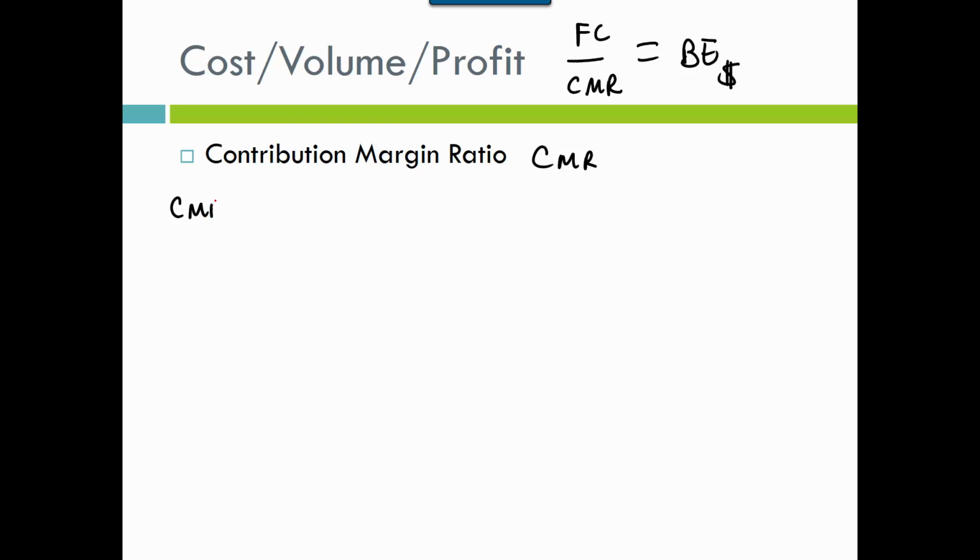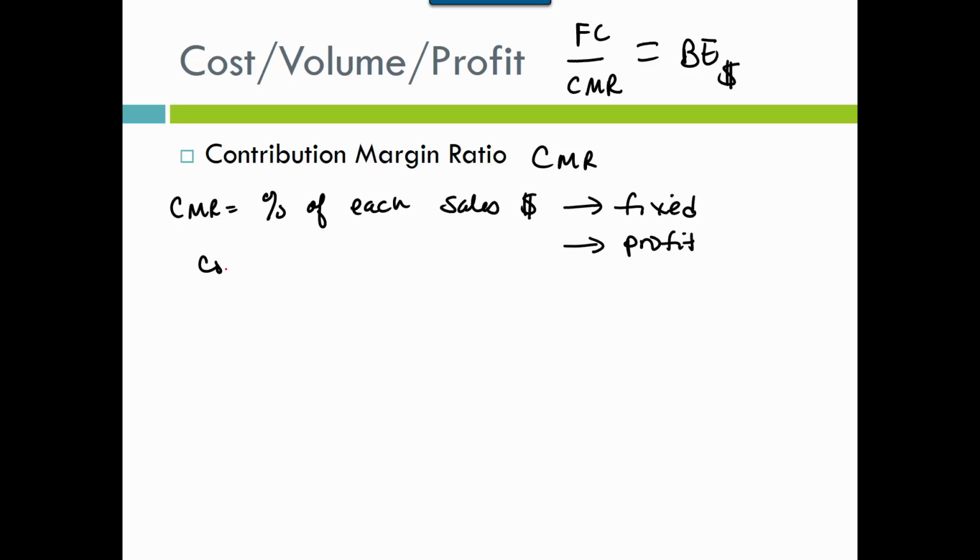The CMR tells you the percent of each sales dollar that contributes to the fixed cost, or once fixed costs are covered, goes straight towards operating income. It's showing you contribution as a percent of sales.